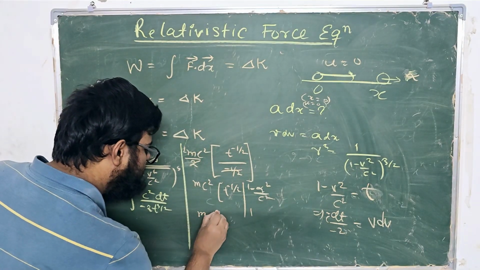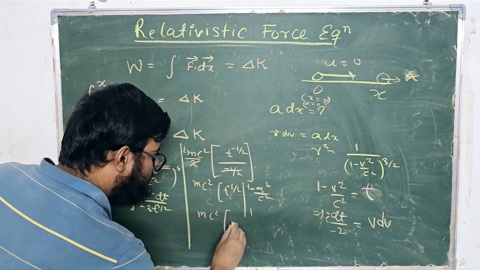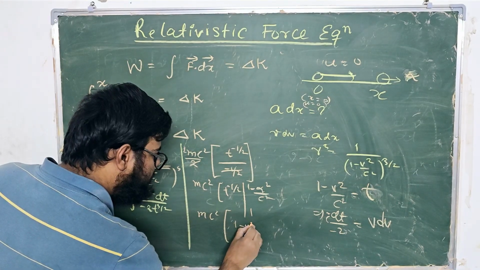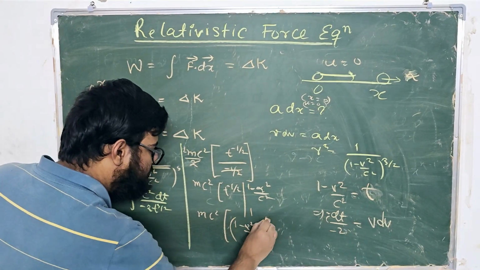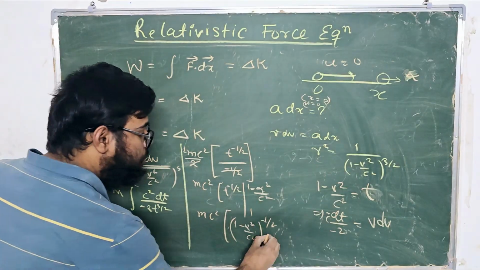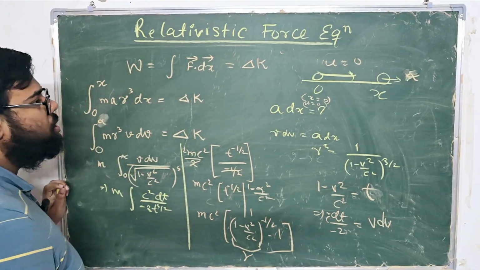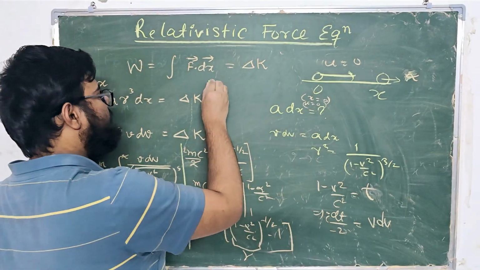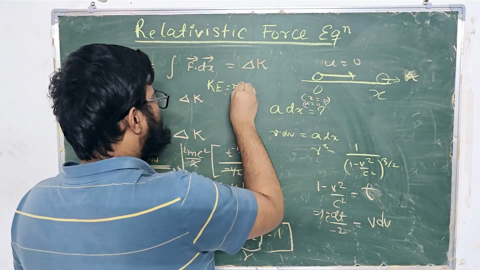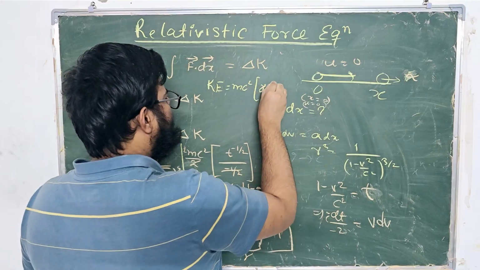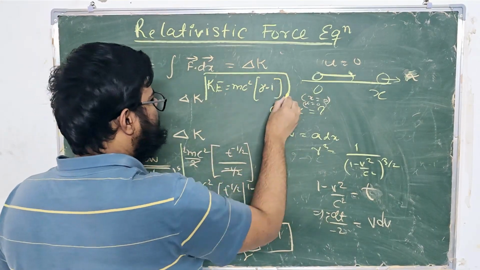So we have mc square times (1 minus alpha square by c square) raised to negative 1 by 2, minus 1. What is this? This is gamma. So kinetic energy at any moment is mc square times gamma minus 1. This is the expression for kinetic energy.